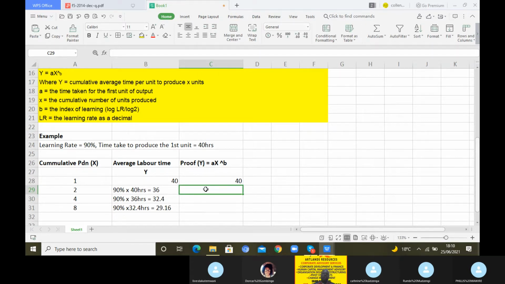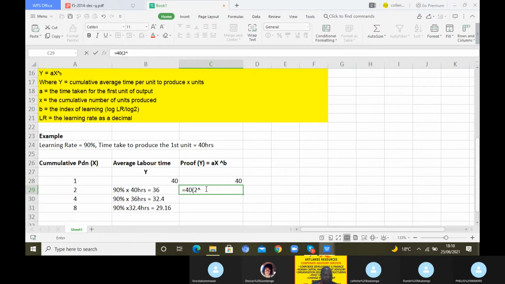So can we now use these answers to prove whether this formula works, which is saying cumulative labor time y equals ax to the power b. Here A is the time taken to produce the first unit, so it's 40. X is the number of units, so it's 40 bracket 2 to the power. If you want to find to the power, you press shift 6.